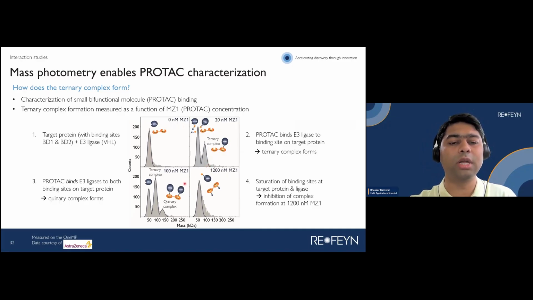When we increase the concentration of MZ1 to 100 nanomolar, apart from the ternary complex, you can also see the quinary complex. And when the MZ1 was increased to a very high level of 1200 nanomolar, saturation of the binding sites happen at the target sites, and thus it inhibits the complex formation, and that's why you do not see any complex forming here.